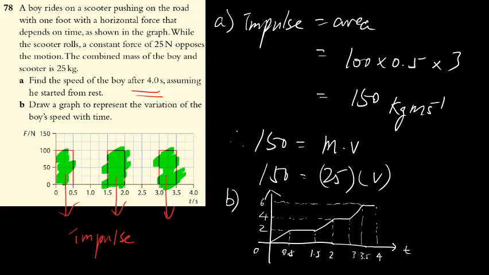For part B, for the graph, you want to show the variation of the speed with time. Basically, you look at each of the areas of the impulse that you gain. You will know that every time he just gains 2 meters per second over that 0.5 second, like each of these.